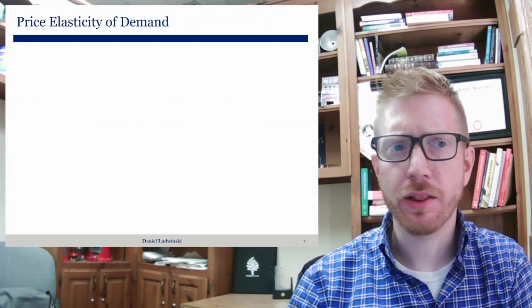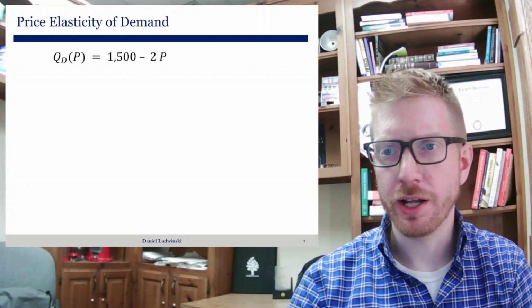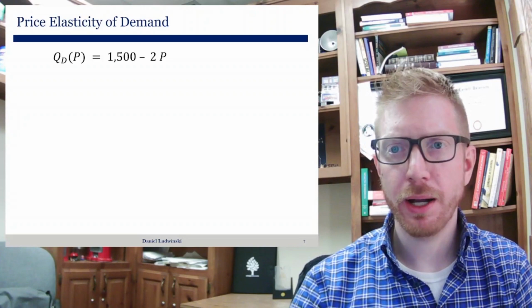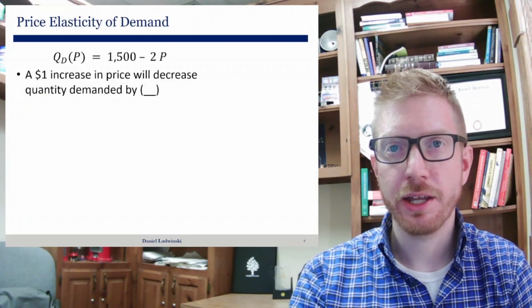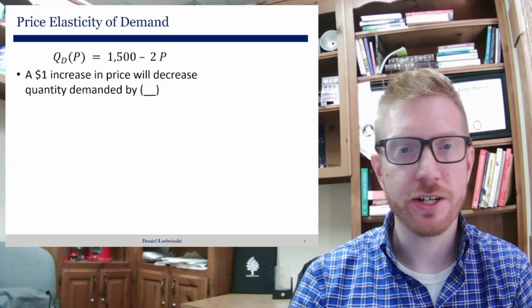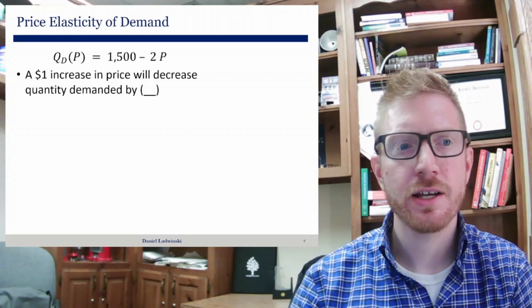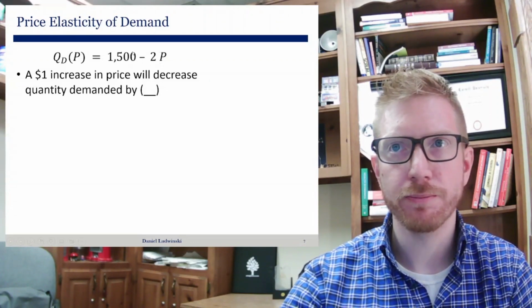So let's look at another demand curve. Here it's set up differently, but if we're looking at a $1 increase in price, again, we always have, when we're talking about demand, a decrease in quantity demanded with price, and again you can see this slope of -2.